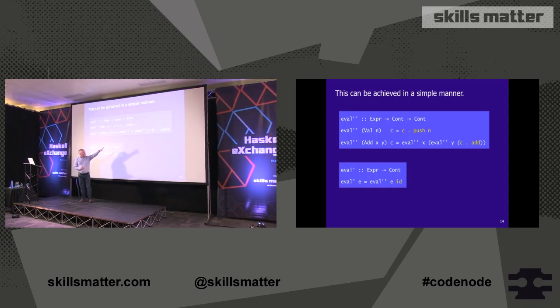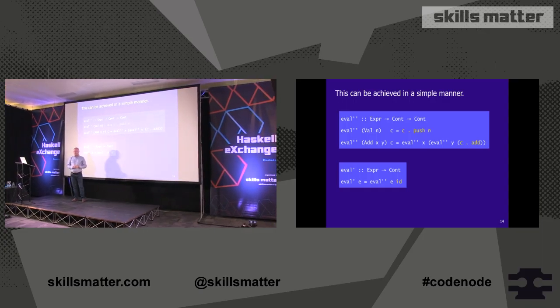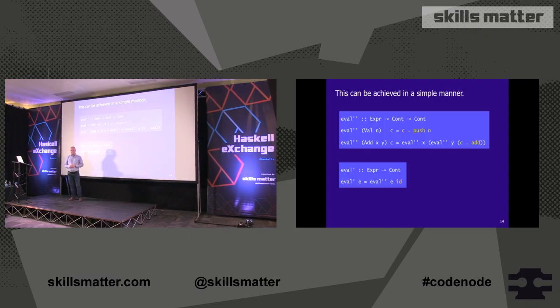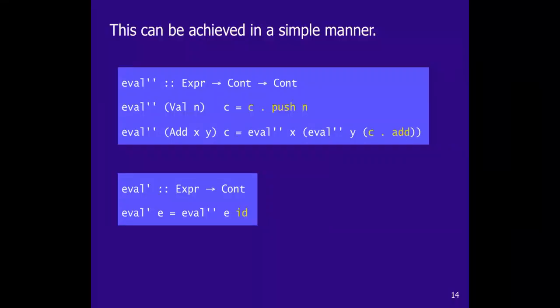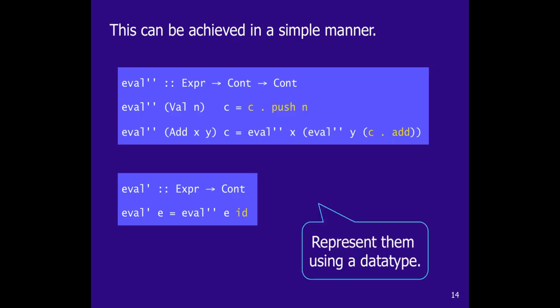And then I use a continuation that does an addition of 2 things on the stack and then performs some other function C. And I have a continuation that pushes a number onto the stack and then performs some other computation C. So I don't need the whole function space of all functions of type stack to stack. I only need functions of these 3 forms. So the idea of defunctionalization is let's represent these 3 forms using a data type rather than passing around functions. So the last step here is represent them using a data type.